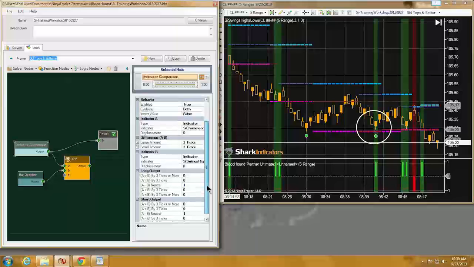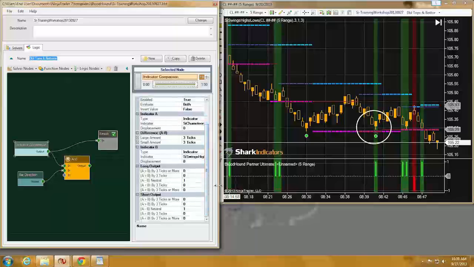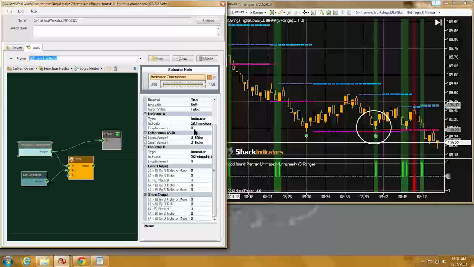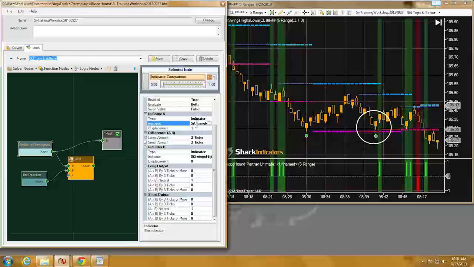There's a couple ways I can do that. Probably the cleanest way is to adjust the displacement here. I believe all I need to displace is probably just the price. Yes, so in this case, I only had to displace the indicator A by 1. I could displace this by 1 as well.